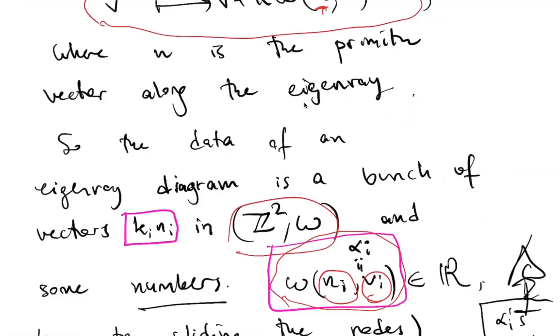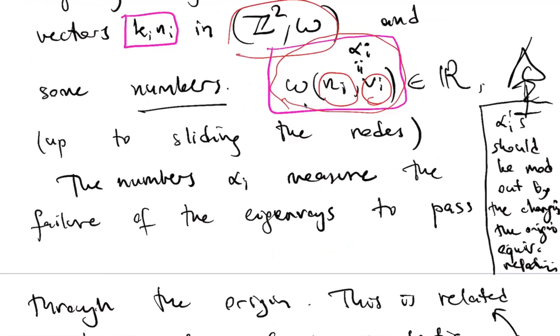Strictly speaking, these alpha i's will only matter up to changing all of the vectors by an overall vector. The choice of the origin actually doesn't matter; the symplectic manifold doesn't really see the origin. If you move everything by the same vector, the symplectic manifold doesn't change.